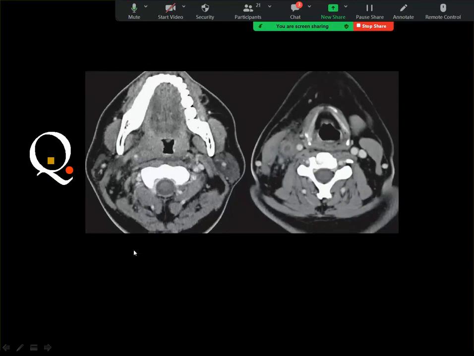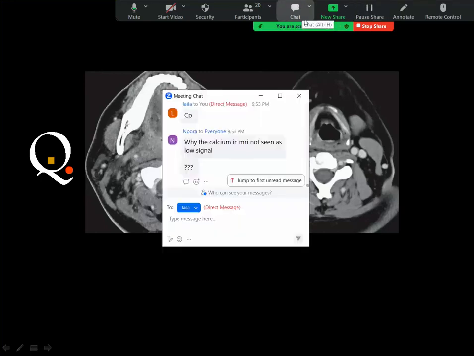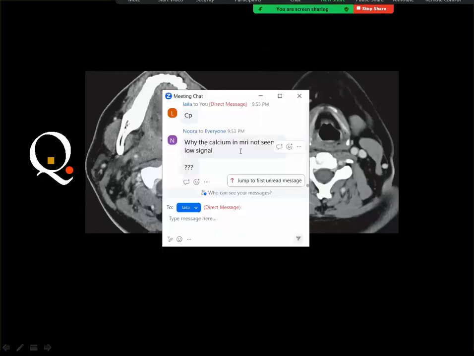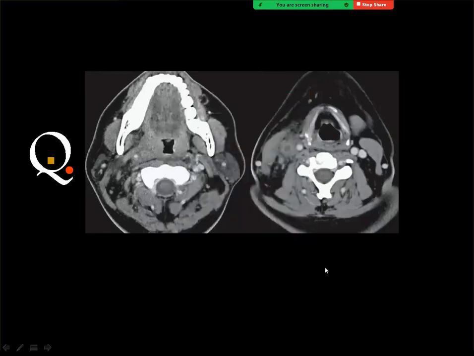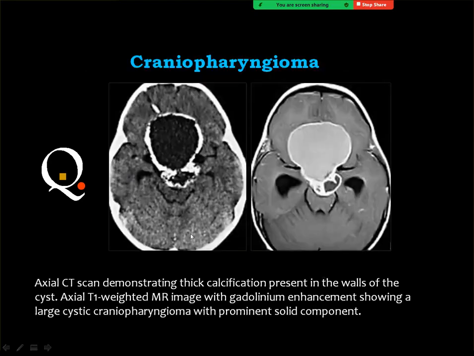Okay, this is a CT scan of the maxillofacial area or the salivary gland region, then after contrast enhancement. Why is calcium on MRI not seen? This is a very common situation because you know that MRI is insensitive to calcium, even if it is very dense like this.